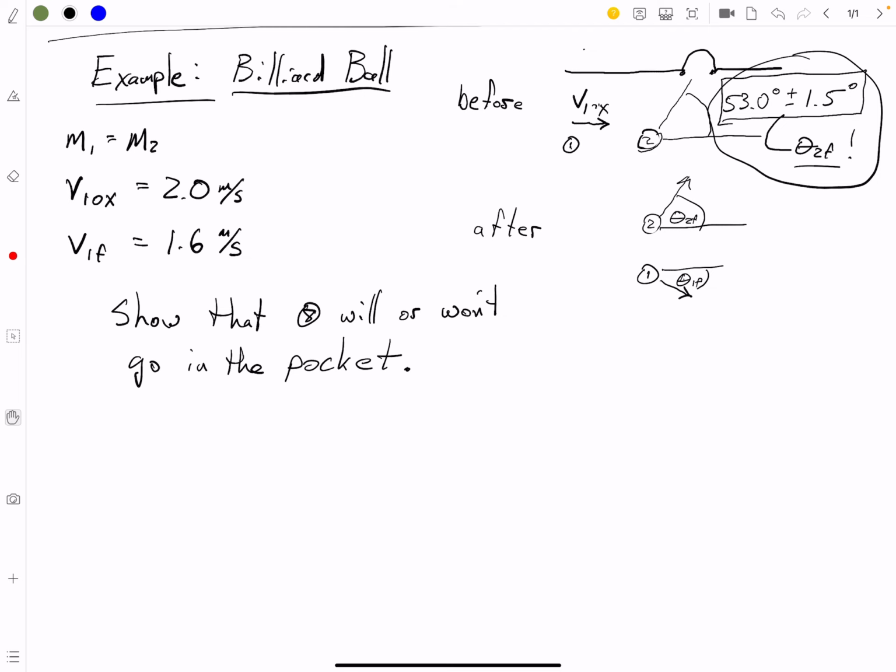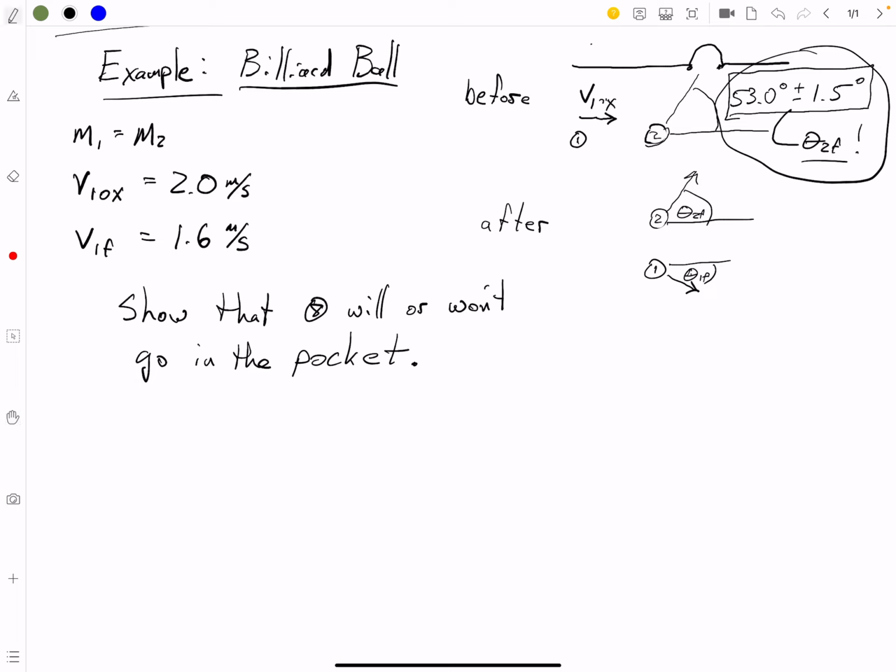I don't want to go too far. We need our diagrams. How come my zero disappeared here? There. All right. So, before the collision, let's talk about before. Because really, essentially, what are we doing? We're going to say that P naught x equals P final x, and P naught y equals P final y.